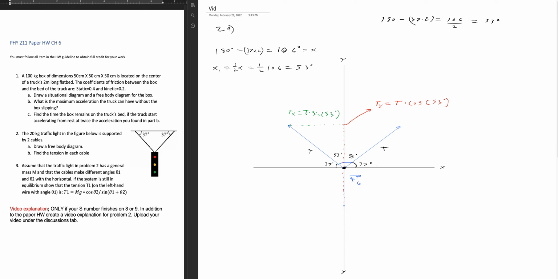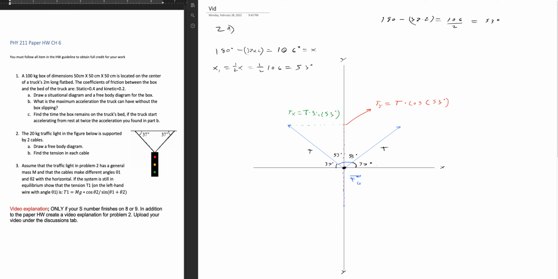Now moving over here, we can notice that I have 53 degrees and 37 here. Well, how did I get there? Simple. 37 plus 37, my bad. 180 degrees, the sum of all interior angles in a triangle, minus 37 is equal to 106.